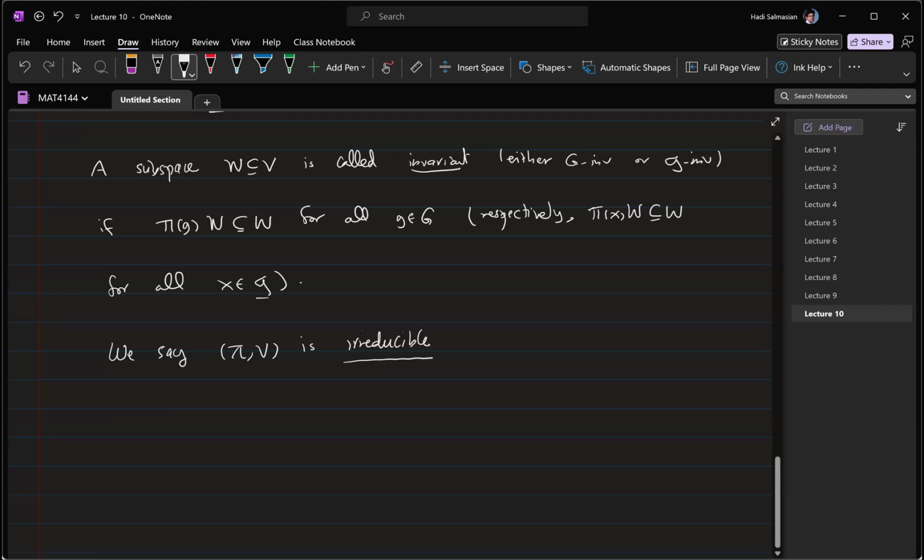We say it's an irreducible representation if the only invariant subspaces of V, either for capital G or lowercase g, depending on the context, are the zero subspace and V itself, the trivial ones. Okay. There are no other invariant subspaces.